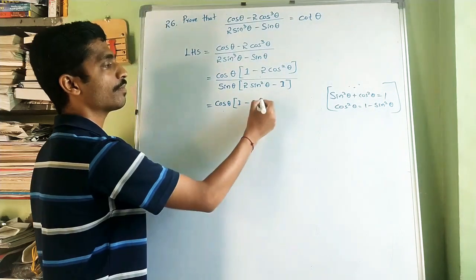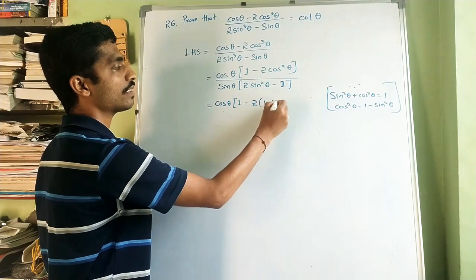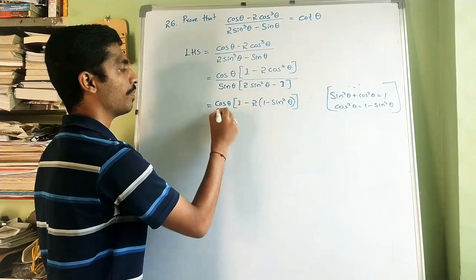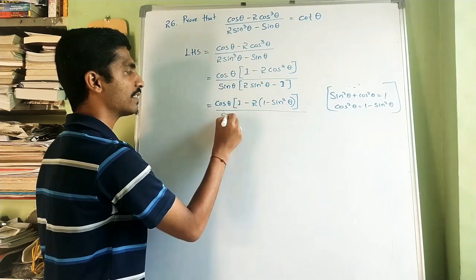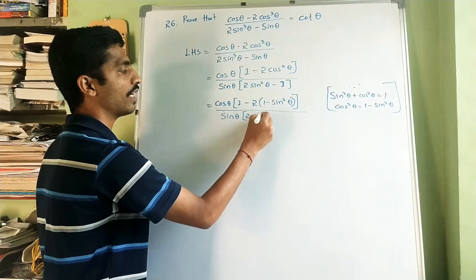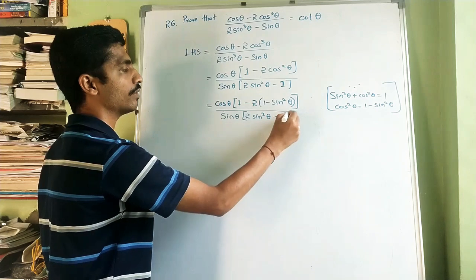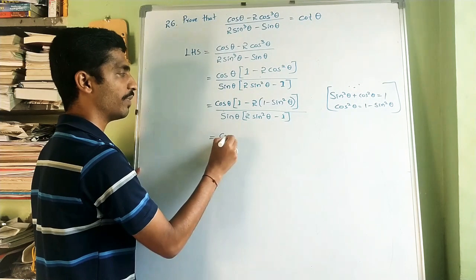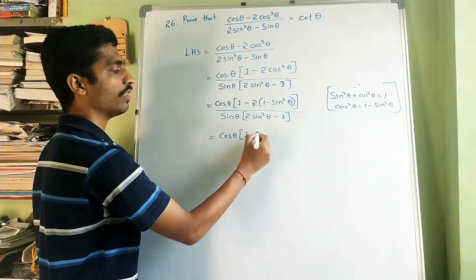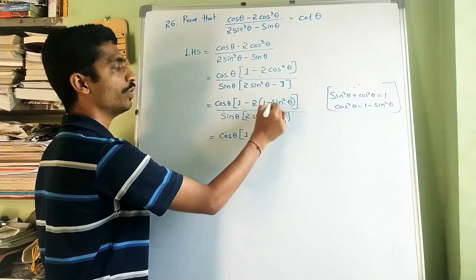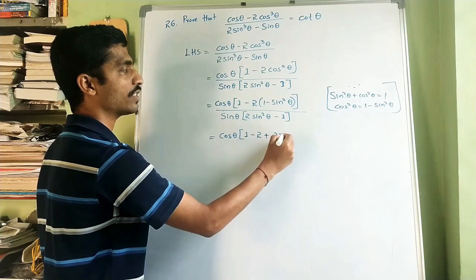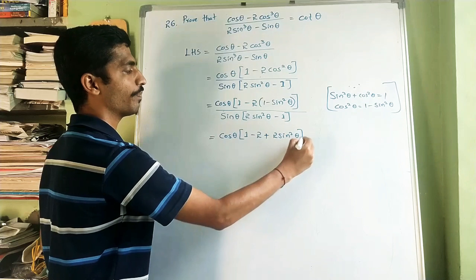So that is 1 minus sin square theta, bracket complete, divided by sin theta into 2 sin square theta minus 1. Now simplify the expression in the bracket. 1 minus 2 into 1 is minus 1, and minus 2 into minus sin square becomes plus 2 sin square theta.